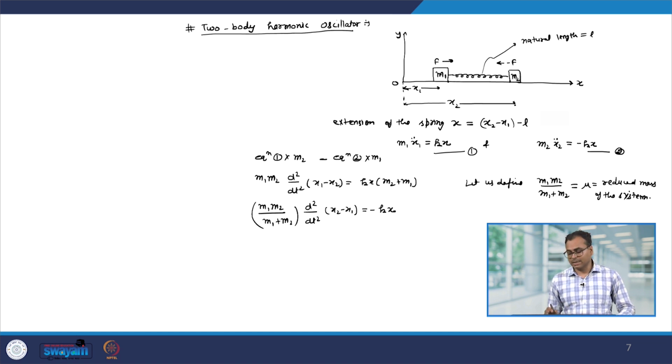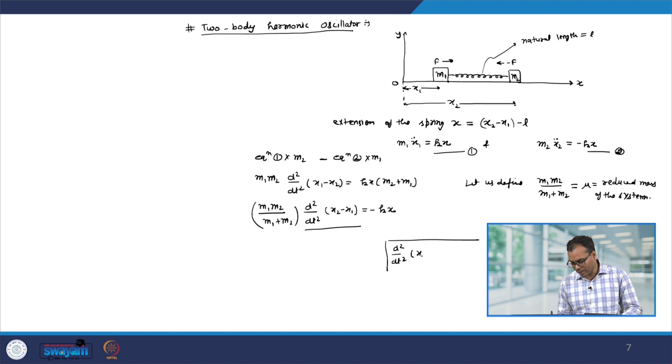It is called reduced mass because the value of mu will be smaller than either m1 or m2, and we have this quantity d2 over dt square x2 minus x1 that can be written as d2 over dt square x2 minus x1 minus L, because this L is constant.